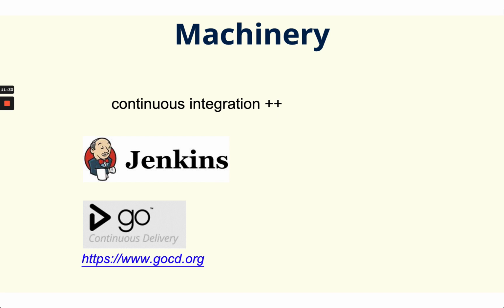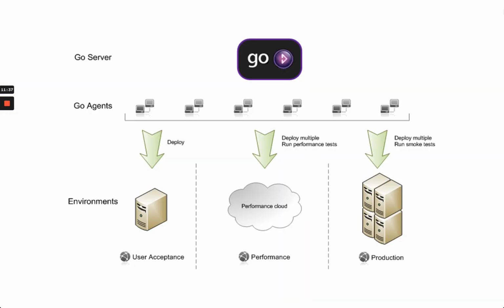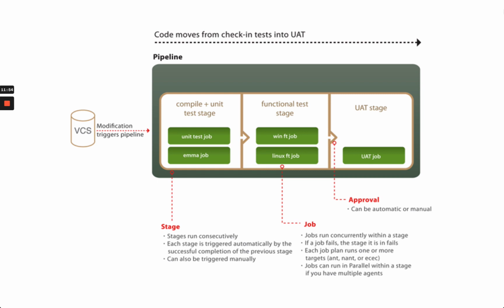But all of them work essentially the same way as something like GoCD, which has a server component and it has agents, which are things that run on physical machines or virtual machines or containers. The agent is the thing that interacts with the server piece to define rules for your deployment pipeline. So, for example, here's an example. In the compile and unit testing stage, we're doing unit testing and running Emma, which is code coverage.